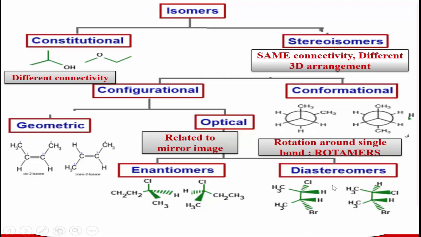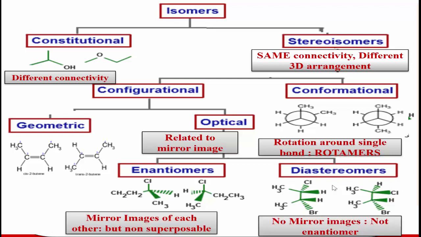Whereas diastereomers are not mirror images of one another, and that's why they are not enantiomers. They have the same molecular formula, but their substituents are arranged in such a manner that they are not mirror images of one another. So this is the basic difference between enantiomers and diastereomers.